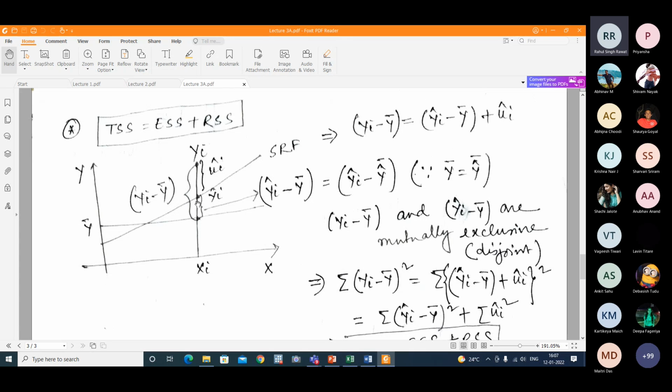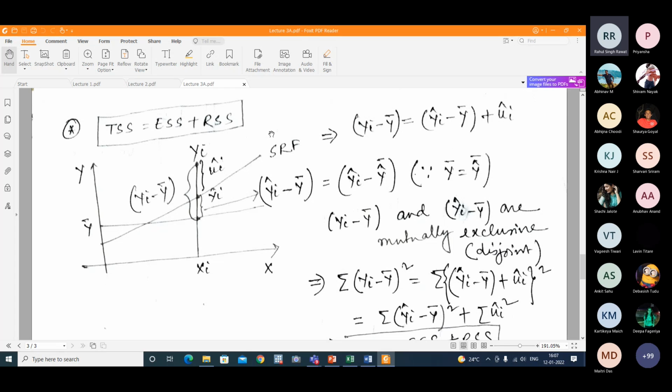Another is Y hat i deviating from Y bar. So if I take this total deviation from the arithmetic mean, it has two components. One is the deviation between actual Y or observed Y and estimated Y. Another is the deviation between estimated Y and the arithmetic mean of Y.